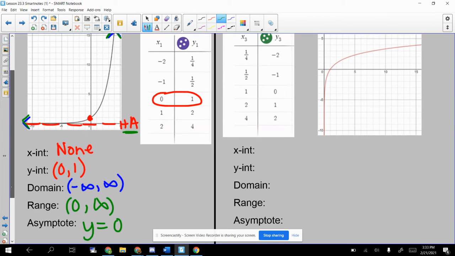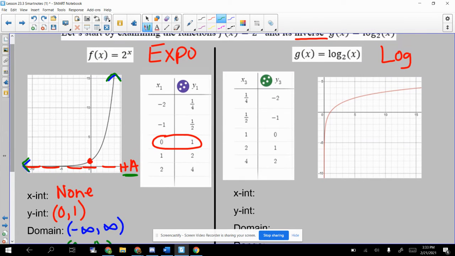Now let's look at this information for a logarithmic function, which we have not dealt with yet. First thing is that we can see it's going in a different direction. It's an inverse, so now we are going to have a vertical asymptote, and you can see that it tapers off going vertically.